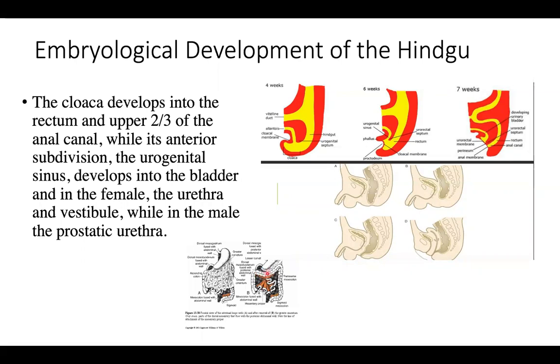The hindgut starts from this point between the right 2/3 and left 1/3. So the left 1/3 of the transverse colon, the descending colon, the sigmoid colon, rectum, and anal canal. This is the hindgut.